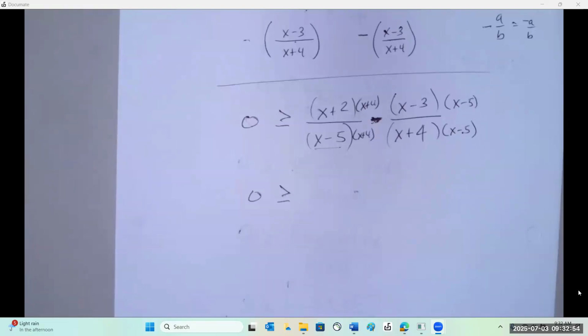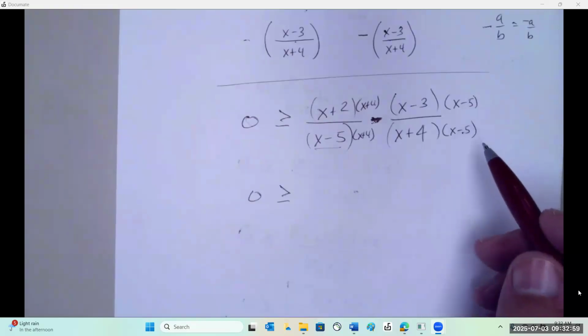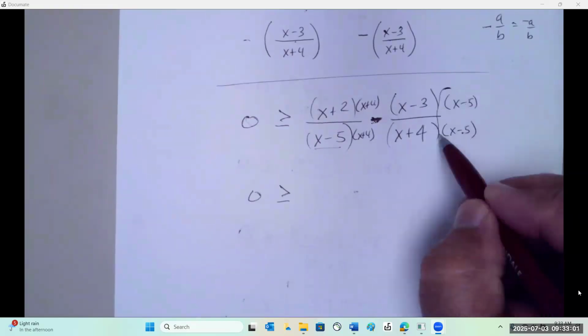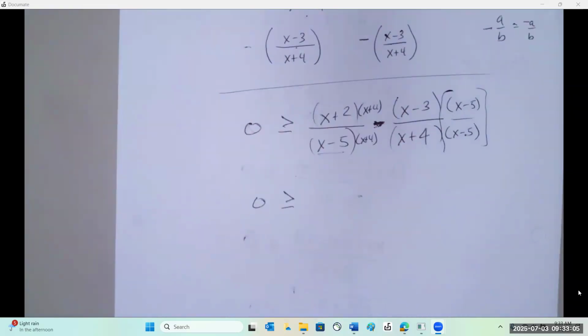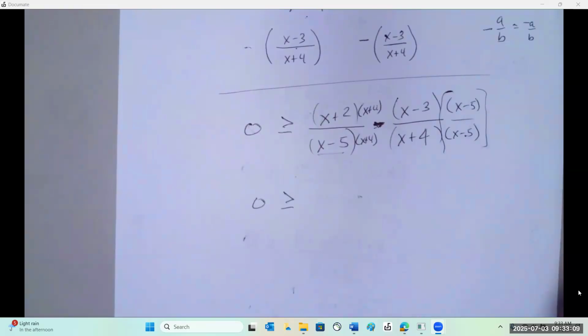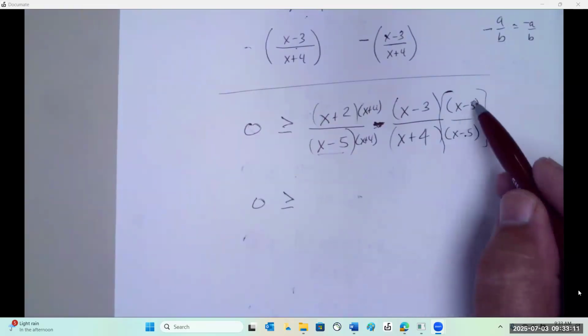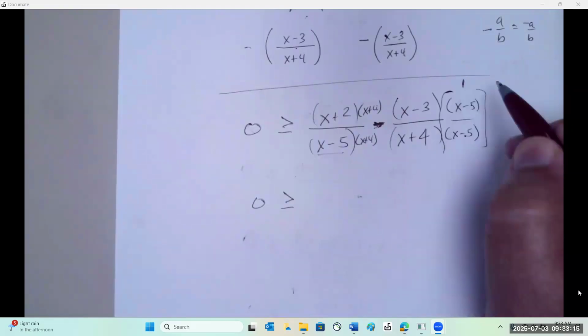No, because if we multiply only to the bottom, then we're changing the number itself. What is x minus 5 over x minus 5? 1. When you multiply anything by 1, you don't change it.